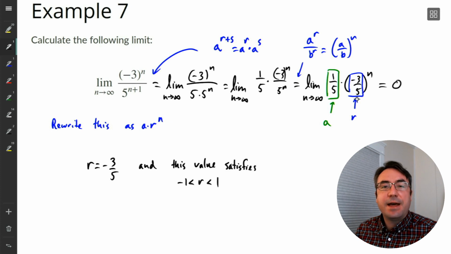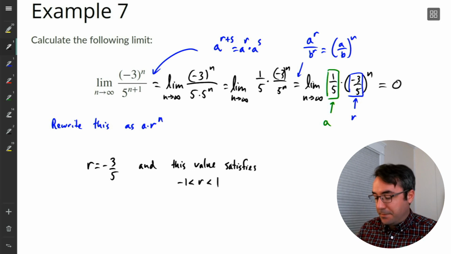And it was really that negative 3 over 5 raised to the n that determines what happens to our sequence. The r value there was negative 3 over 5. It falls in our inequality where we needed our r values to be between negative 1 and positive 1. And so we know what happens to our sequence. It's equal to 0.